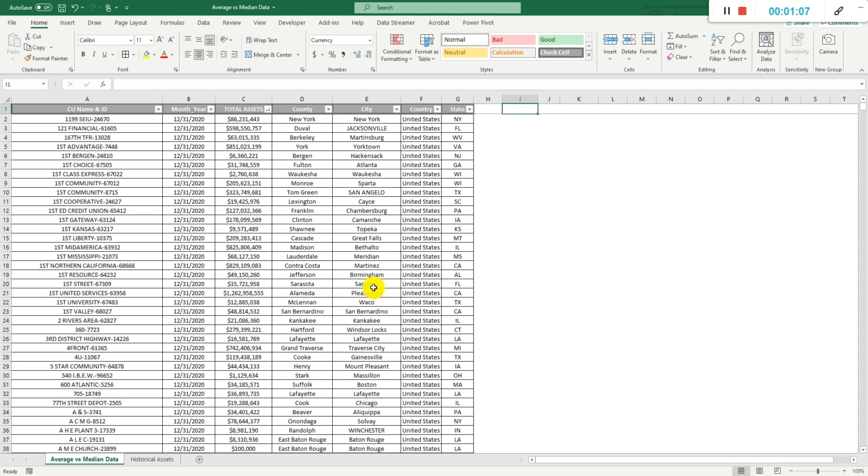Before we compute the median by using our function median, and of course, computing the average, let's take a look at the data and do a distribution to visualize what the median is. As you may know, the median is the number in the middle of the data set.